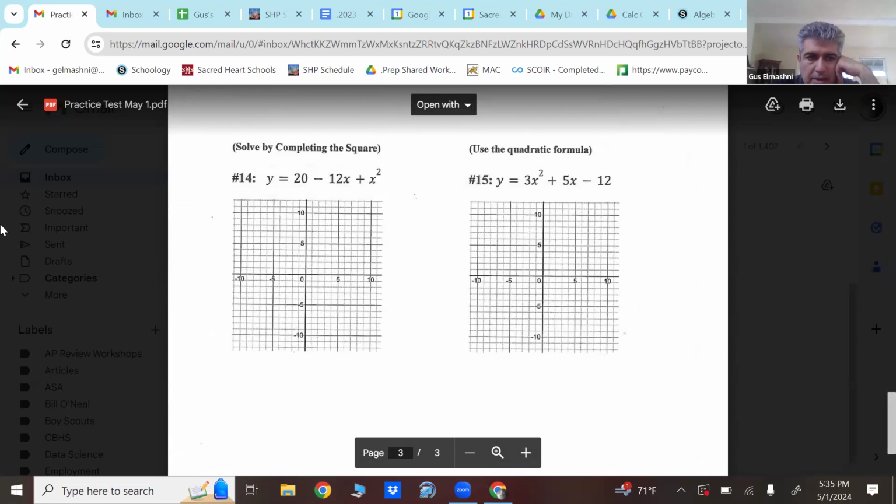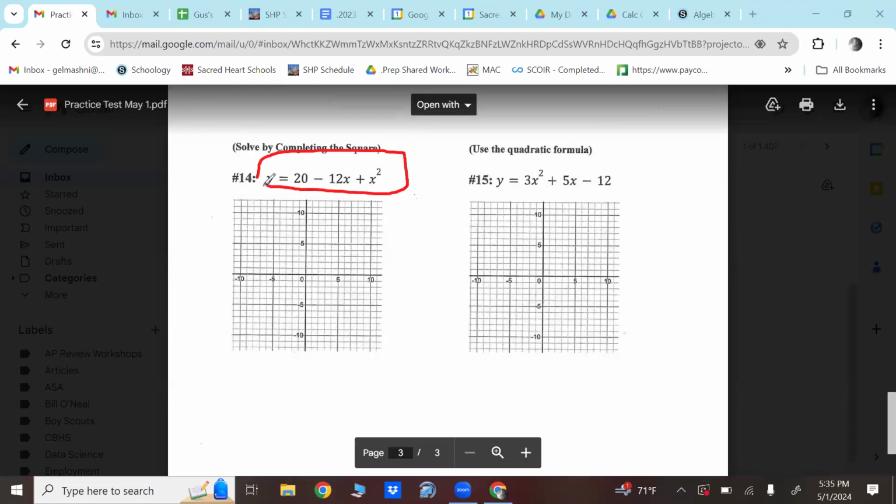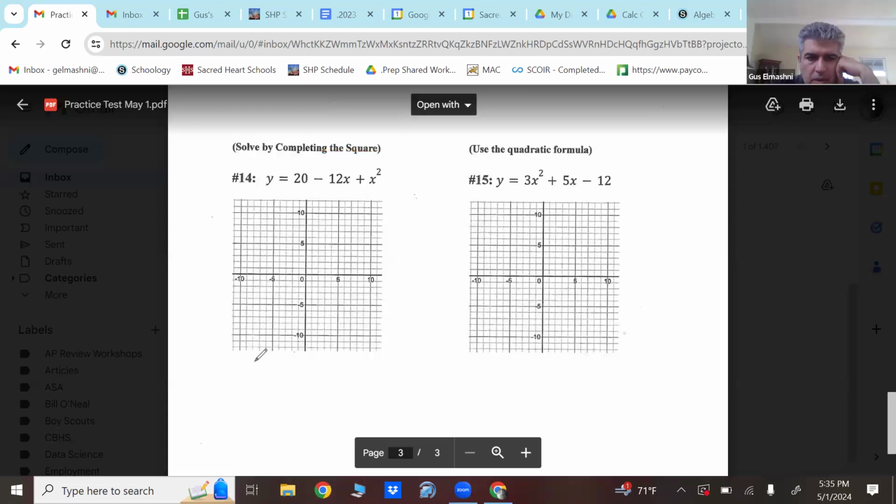and we'll do some extra practice. So completing the square, the way that works. So we're going to replace y with 0. And then you're going to take half of b and square it.